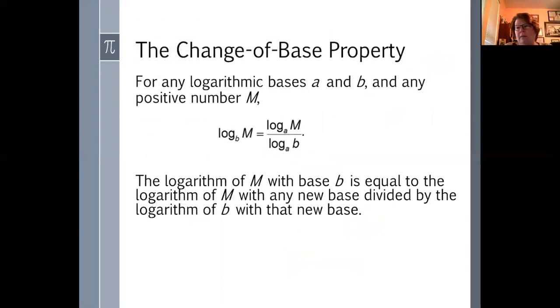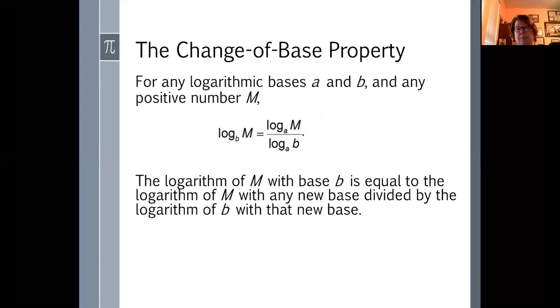All right, so our last topic in this section is the change of base property. As you are aware, on your calculator, you have 2 logarithmic functions. The first is the common logarithm, or log base 10.